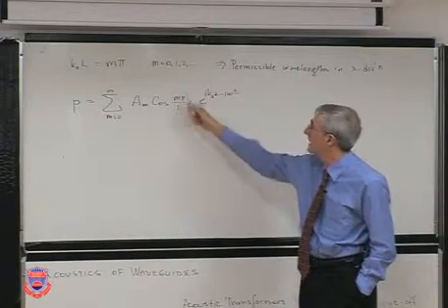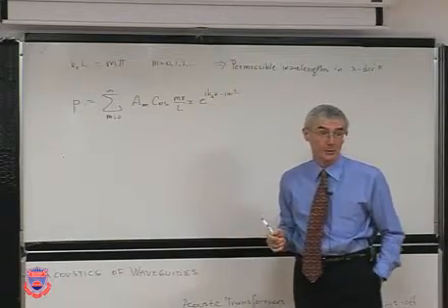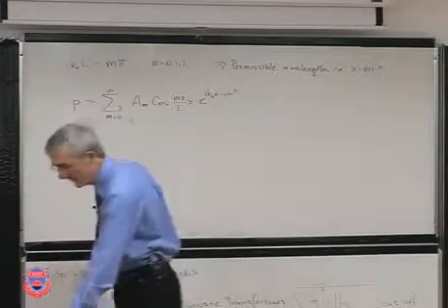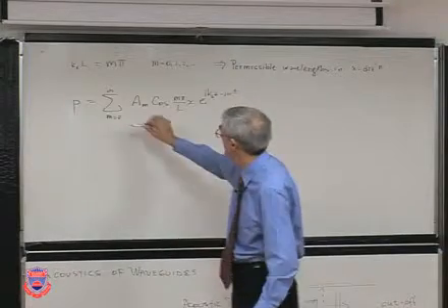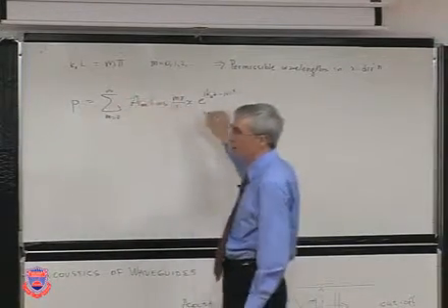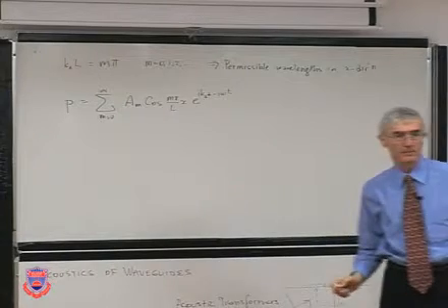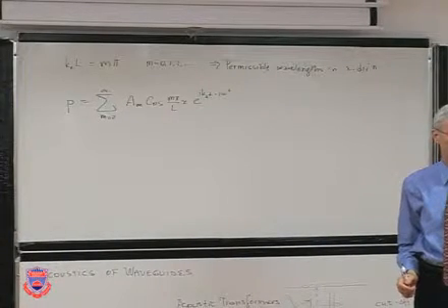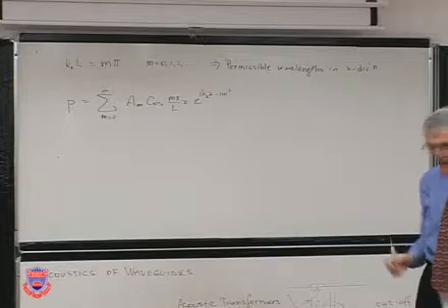And so not any old wavelength can go through. It has to be one of those. And this is now a summation of all the possible wavelengths, okay? Any questions so far? You follow all these? Okay.